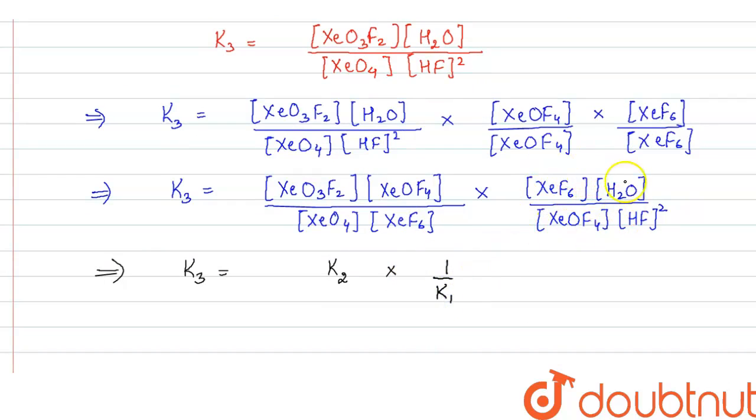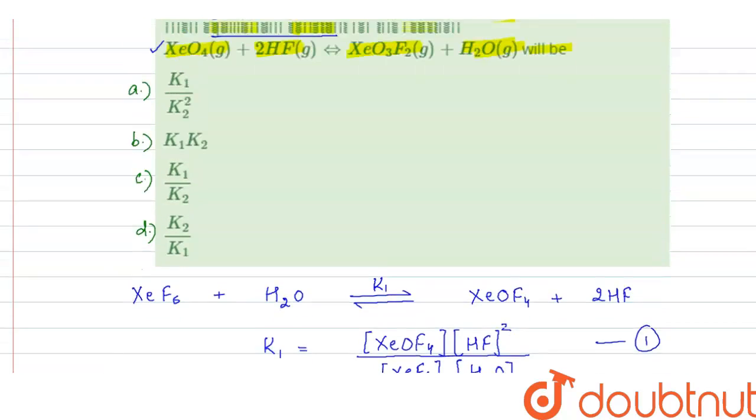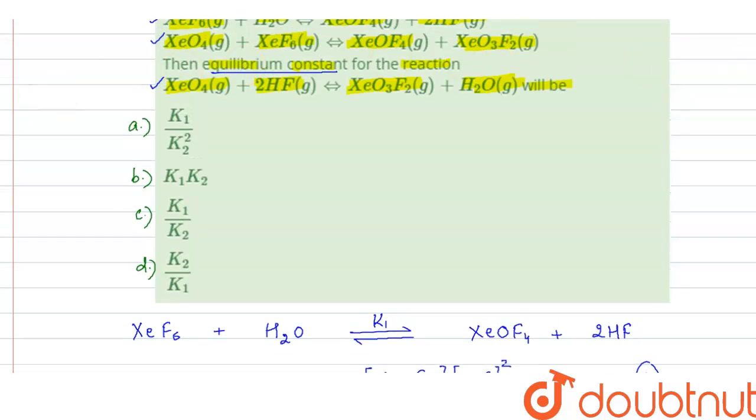This is basically the reverse of K1, right? So the overall answer that we will get from here is K3 is equal to K2 by K1. Right, so this is the equilibrium constant of the reaction in terms of K2 and K1. So the final relation that we want here is K2 by K1. So from here the answer of the question will be option D, K2 by K1. So option D is the answer.